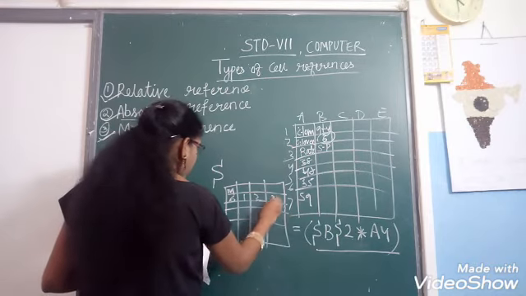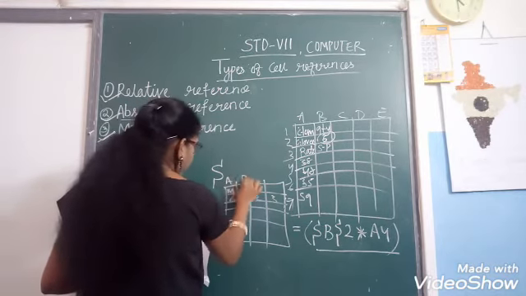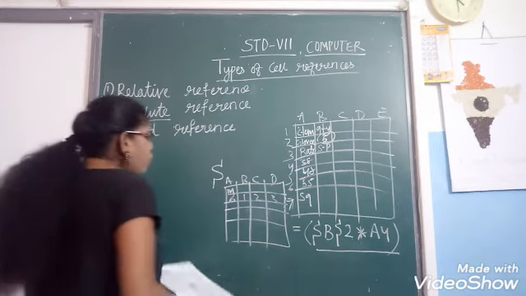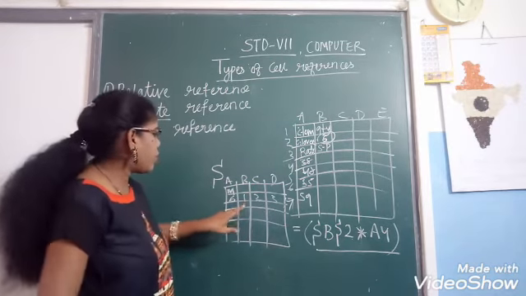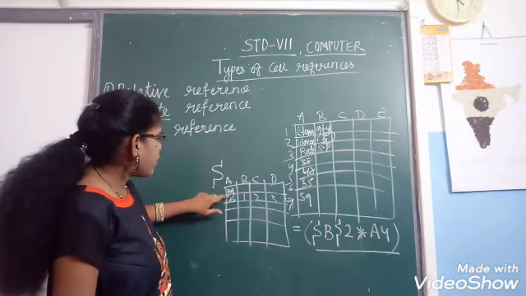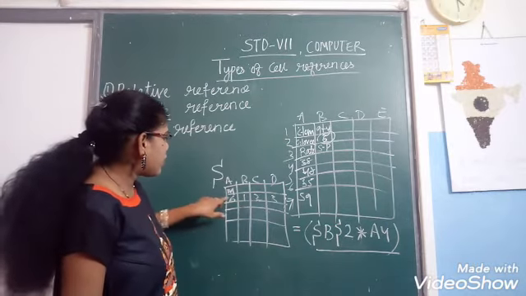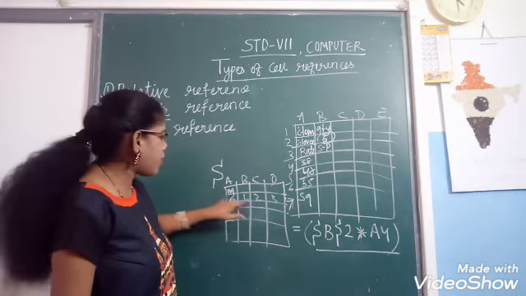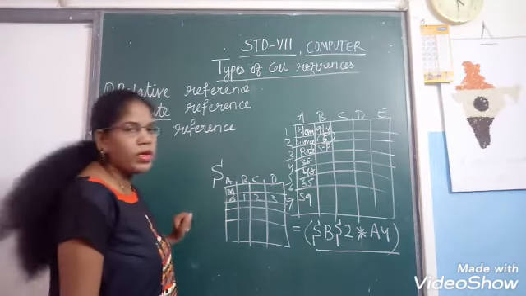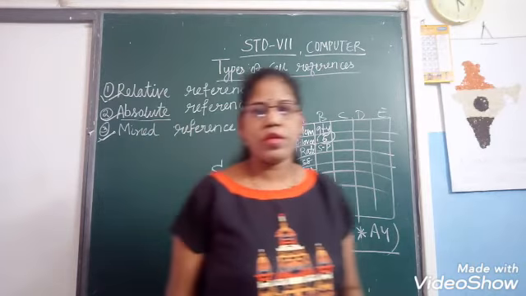Then here 1, 2, 3, 4, and so on. Now, if you want the result here, what constant are we putting here? Here the 6 is constant. So 6 1 is 6, 6 2 is 12. Like this it is coming. This row will be constant. So that's why it is called a mixed reference.